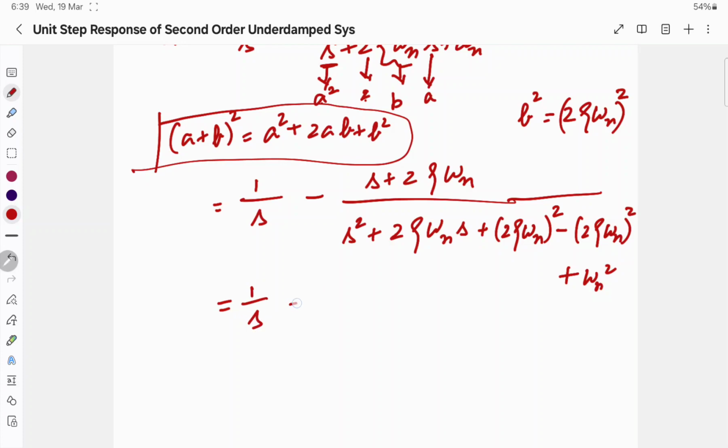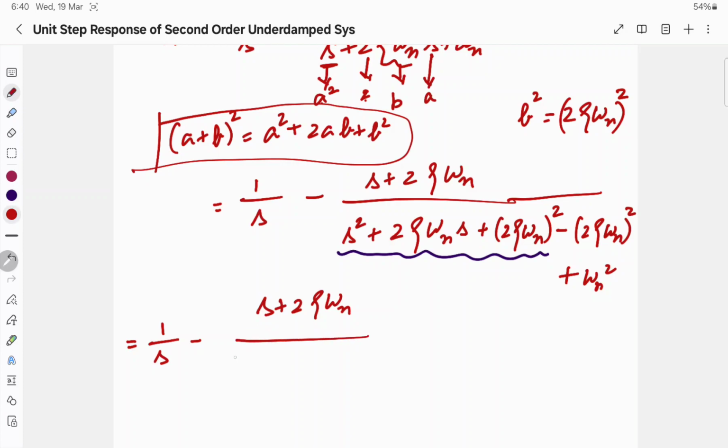One by s minus s plus 2 zeta omega n. Now look at this term. Can I write this as s plus zeta omega n whole square?